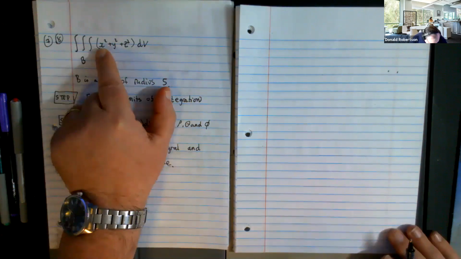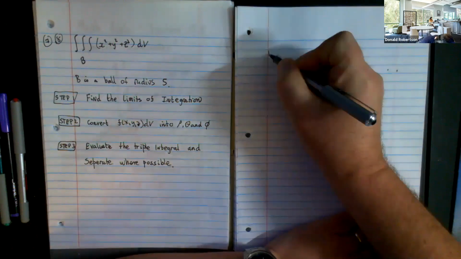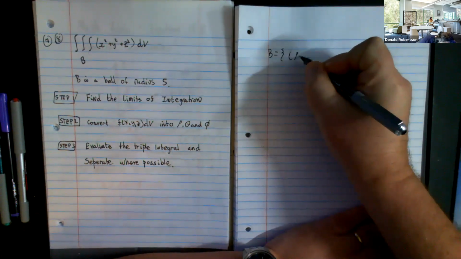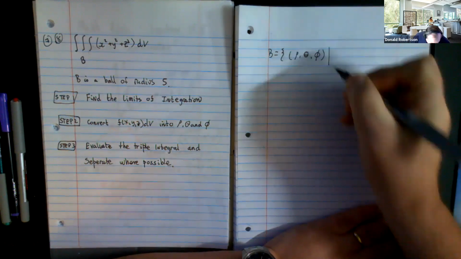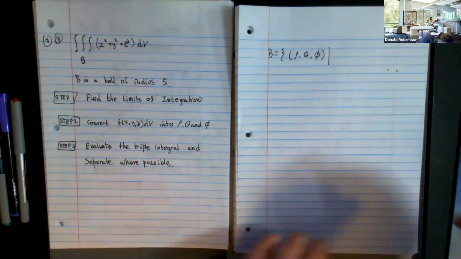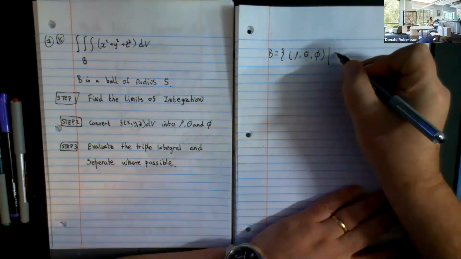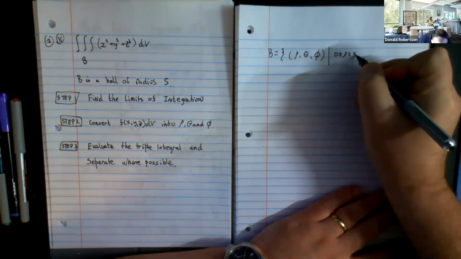You've got this expression dV, so what does B look like? Well, it's going to be rho, theta, and phi. Now, since it's a normal sphere, and the radius is 5, that tells me rho goes from 0 to 5. That's what you get with a sphere.